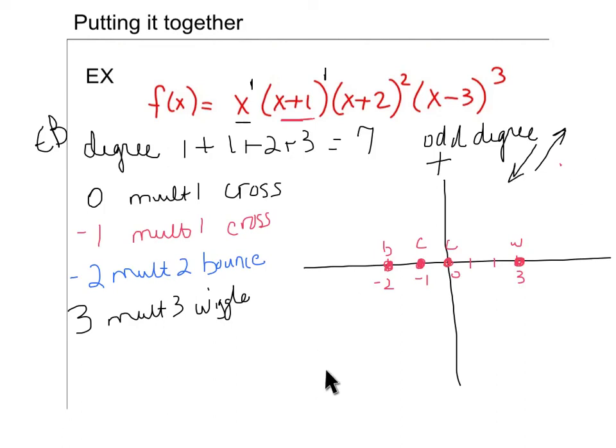Down, bounce, cross, cross, wiggle, and up. So at the ends, it's doing what the behavior says, and now I'm going to write it. I start here, a bounce, a cross. Somebody's asking, how far up do you go? Well, I don't know. And then a wiggle. It's a sketch. So that's how that works.